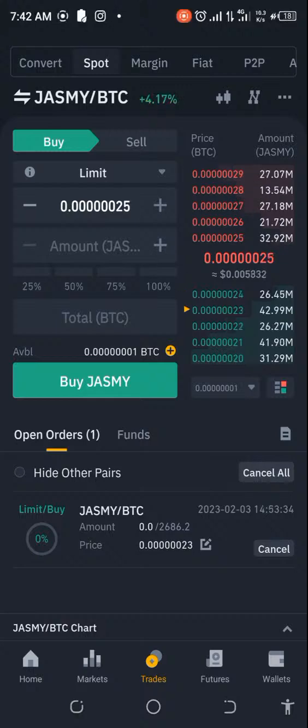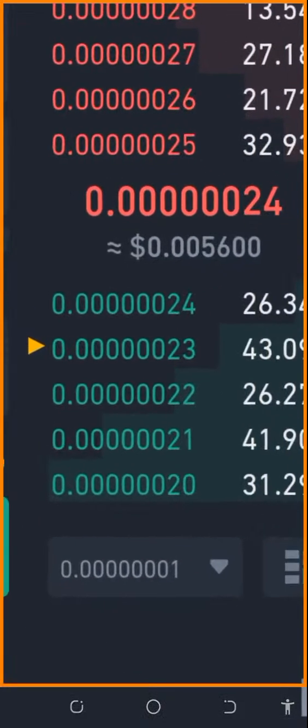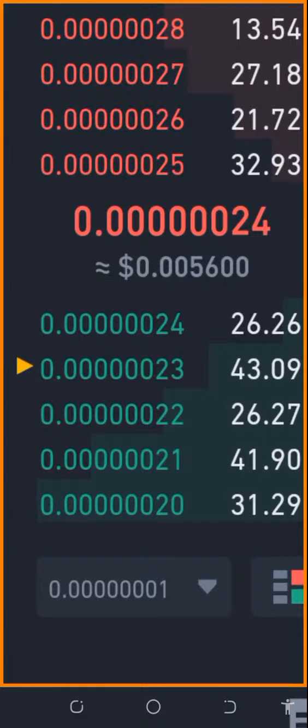Now we've waited long hours and we're seeing that we've not been able to buy Jasmine with BTC. I guess the price has actually updated, as you can see here that the arrow is on 0.0023, and the current market price, which it has been on for a while, is 0.000024.